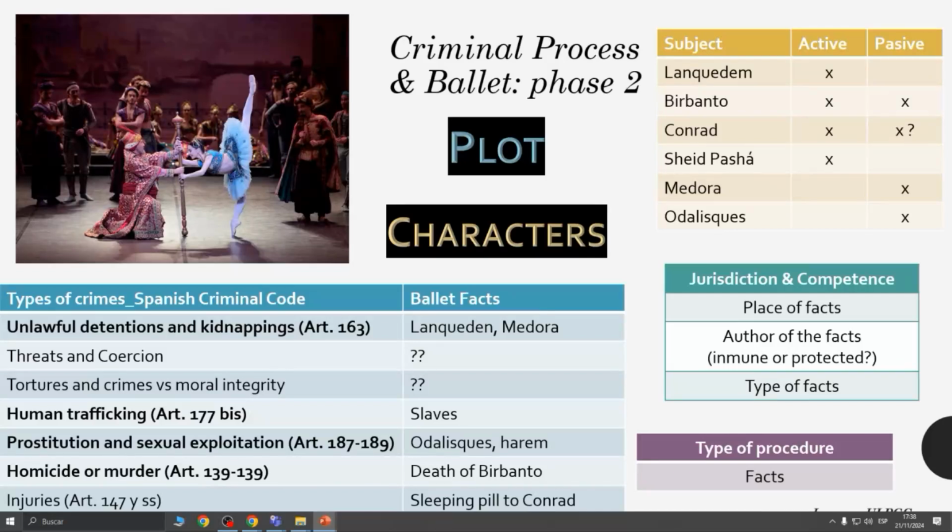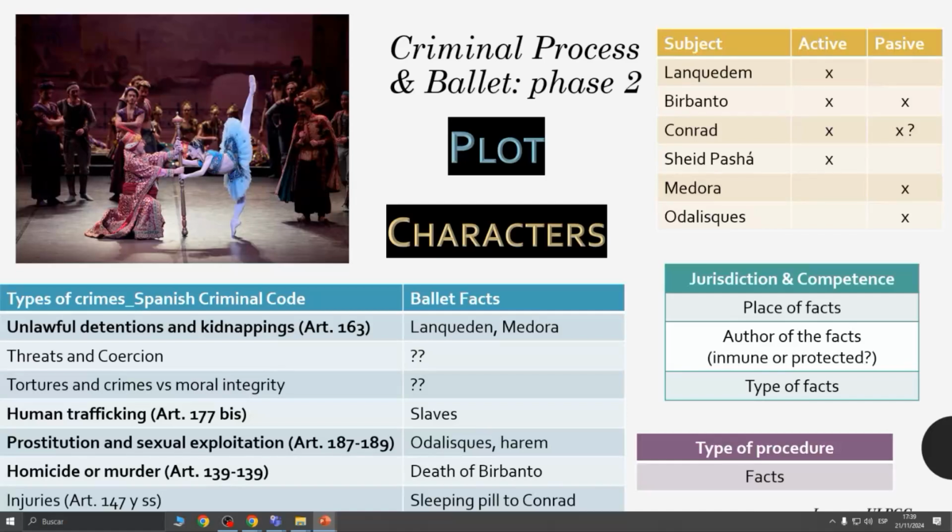From a criminal perspective, we can talk about active or passive subjects, and the same in a procedural perspective. So I try to represent there the position that the different characters of the ballet could take in that sense.